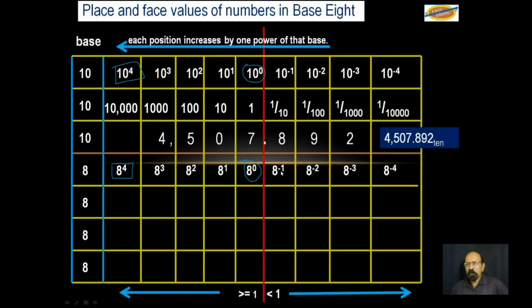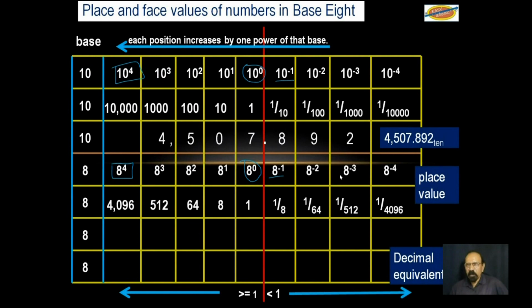Over here, it would be 8 to the negative 1. Up here, it was 10 to the negative 1. So we follow the same system, the same pattern. So if we were to convert that into more understandable numbers, this 8 to the 0 is 1. In any base, the unit position is whatever that base is to the 0, and that always works out to be 1.